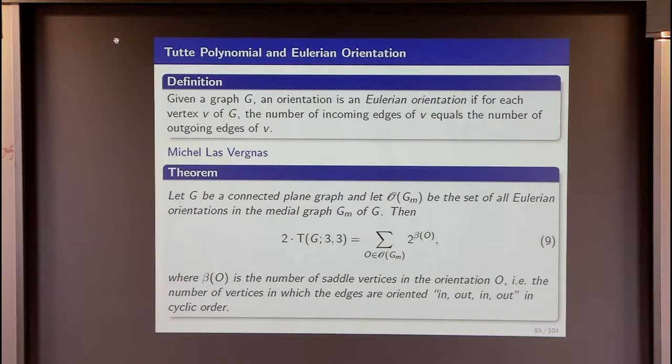Okay, so here's a theorem due to Las Vergnas that says that the Tutte polynomial evaluated at this particular pair of points, 3, 3, is the sum over orientations of the medial graph, where at saddle points the orientation is in, out, and at saddle points you put this factor 2.